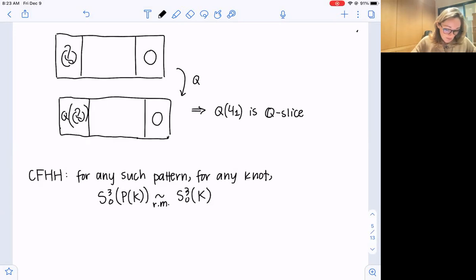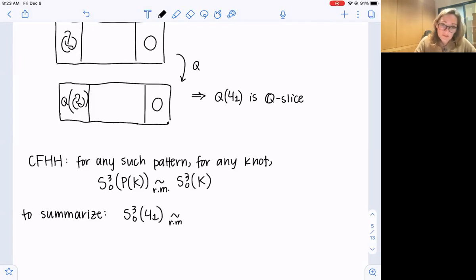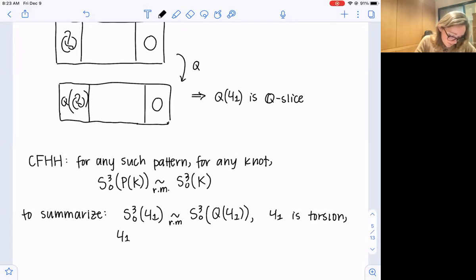So maybe to summarize what I've hopefully convinced you of: the figure 8 knot has a zero surgery that is homology cobordant relative to meridian to that of its satellite under the Mazur pattern. 4_1 is torsion. And these two knots are both rationally slice.